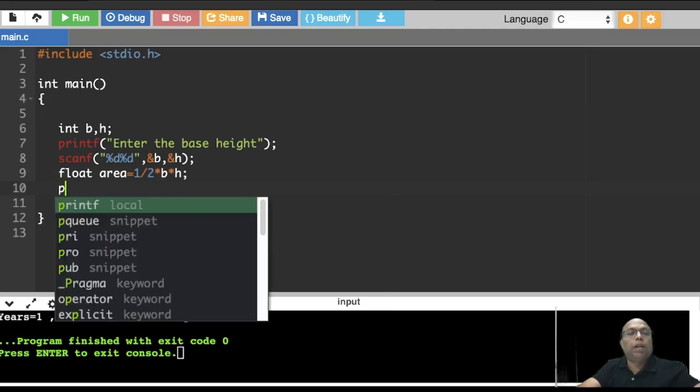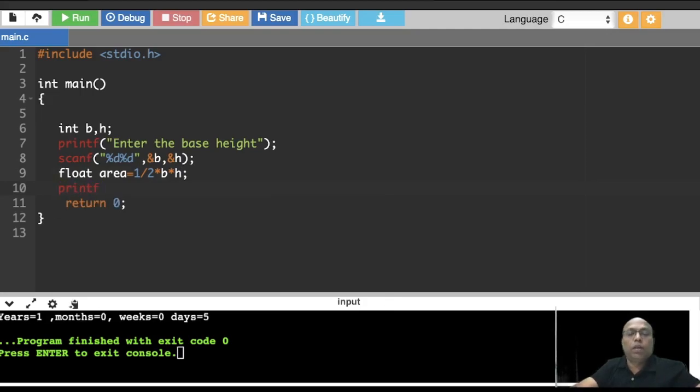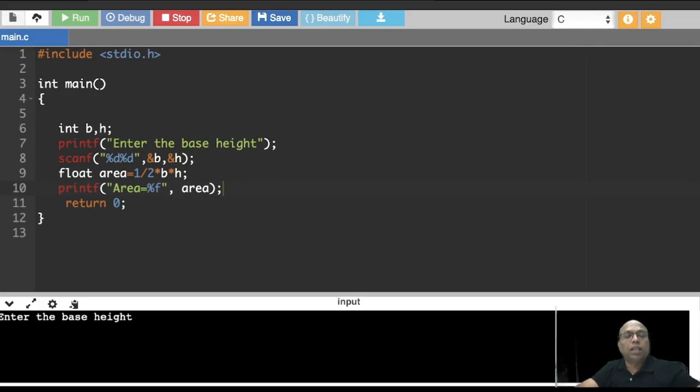And I'm going to printf, area is equal to percentage F, comma, area. I put it, sir. I'm going to run. Let's say in this case I entered 5 and 6.